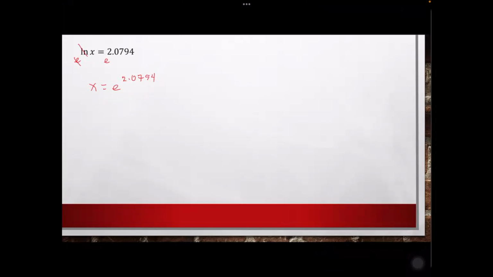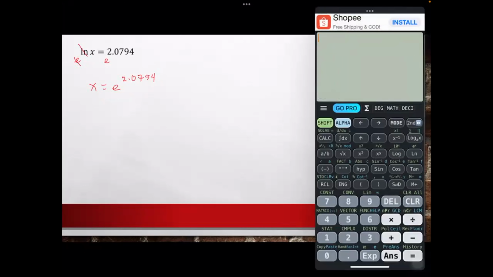Use the calculator again: shift, then ln for e, then 2.0794. Up to the whole number again, we will have x is equal to 8 as the answer, since it is 7.99, rounded off to 8.